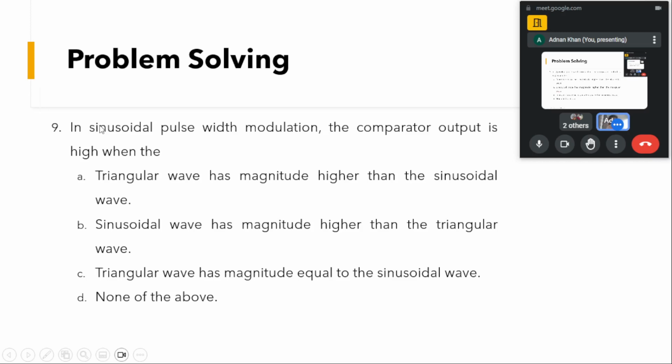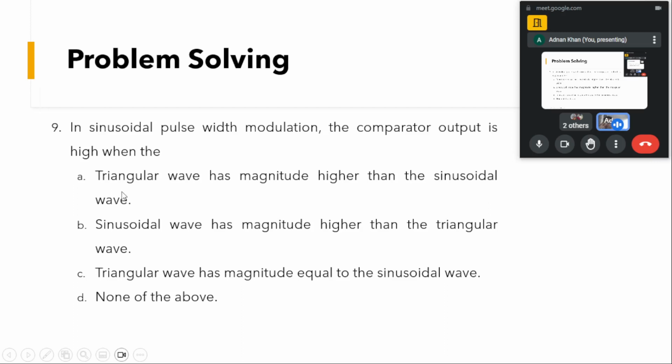Question number 9. In sinusoidal pulse width modulation, we have to check when the comparator output is high.